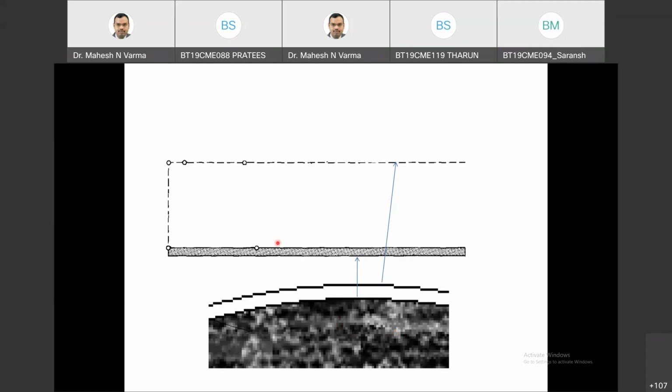So this problem can be solved using a Cartesian coordinate system if I assume a flat catalyst surface covered with some stagnant gas film. This is the stagnant gas film of A and B only, through which mass is transferring.